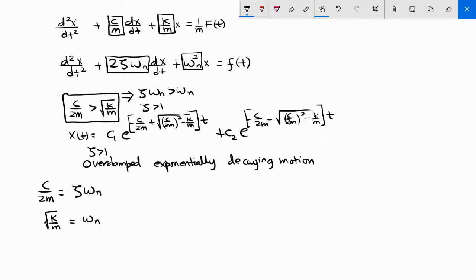So all this discussion assumes that c is positive, because only when c is positive the exponential function will decay. But what if c is negative? So only the sign is different.